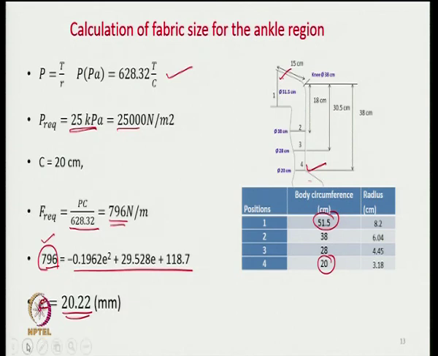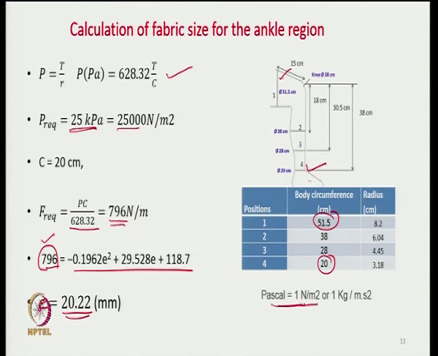So, all depends upon the nature of that fabric. So, this is the relationship between Pascal in terms of Newton per meter square. So, 1 Pascal is 1 Newton per meter square, and which is equal to 1 kg per meter second square.